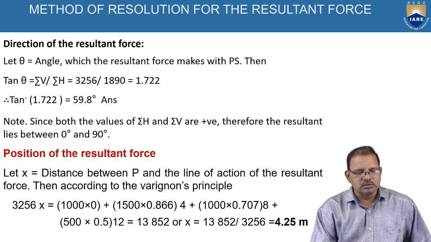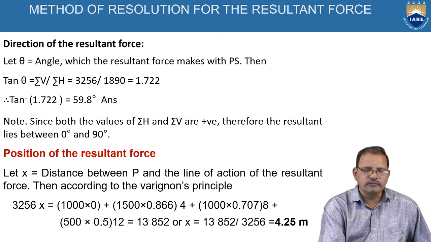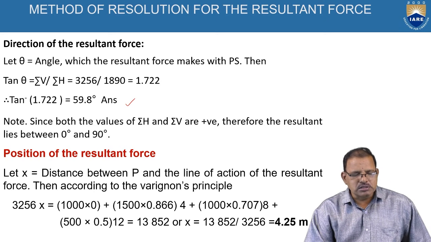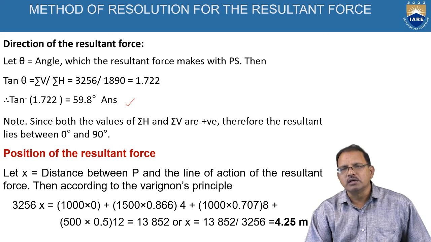Tan theta is equal to sigma V divided by sigma H, which is 1.722. Hence, theta is equal to tan inverse of 1.722, which is 59.8 degrees. Since both sigma H and sigma V are positive, the resultant lies between 0 and 90 degrees.